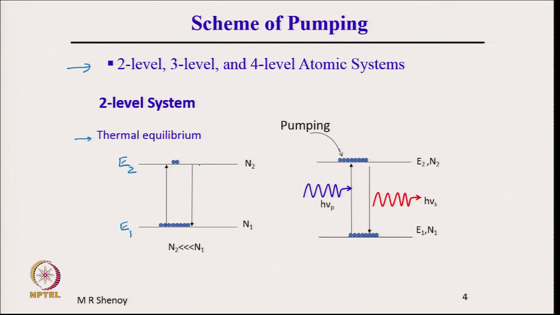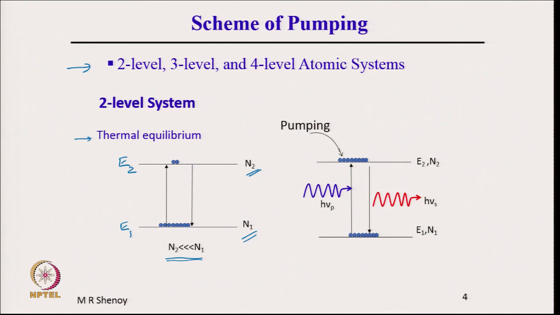So, there is a dynamic equilibrium, atoms keep going up and coming down, and at any instant there is a dynamic equilibrium with a certain number of atoms N2 in the upper state and N1 in the ground state. And we have already seen that N2 is much less than N1. Therefore, there is no question of population inversion.